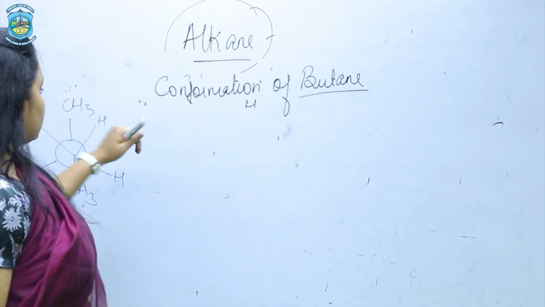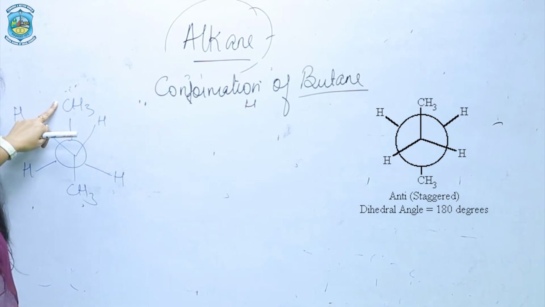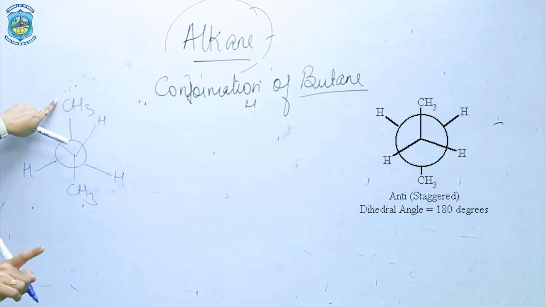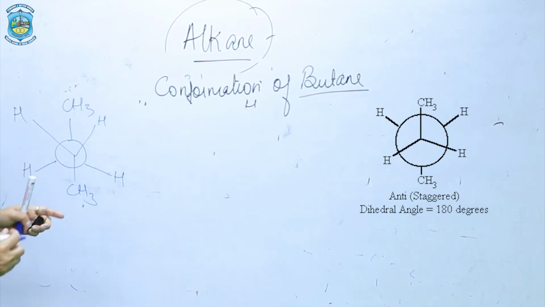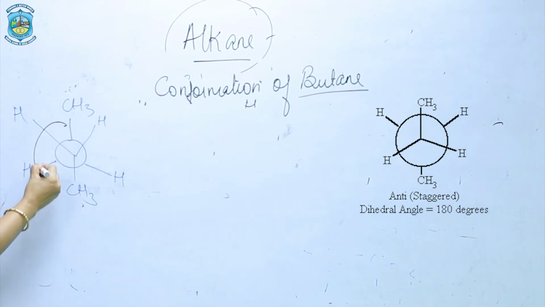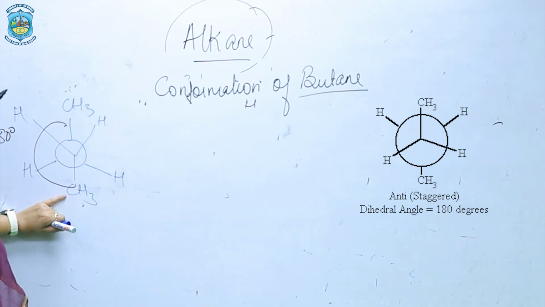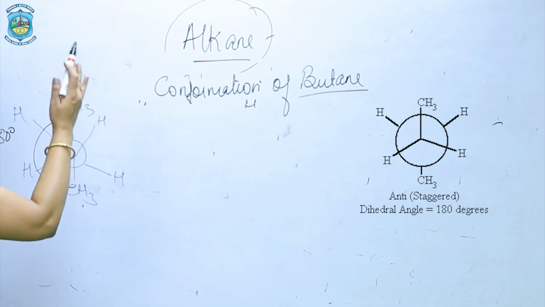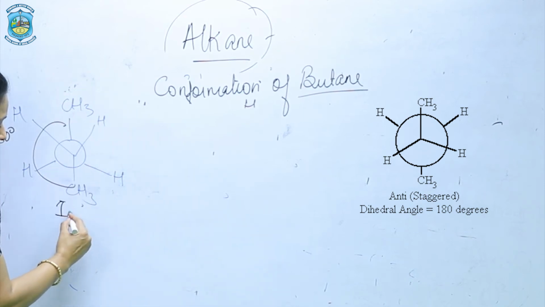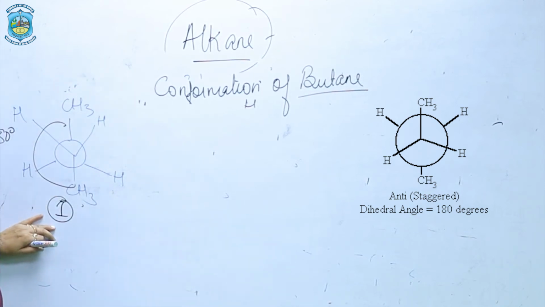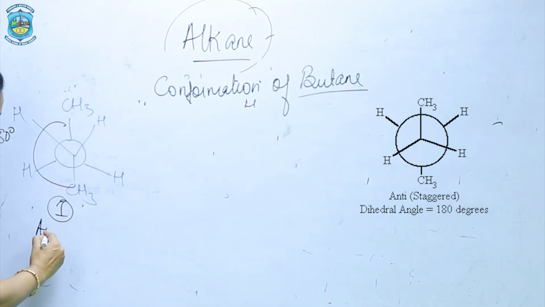So, this structure of butane has CH3 and CH3 at a maximum angle, or I can say they are 180 degrees apart. That means minimum strain and maximum stability. So, this number 1 is the most stable conformation of butane and it is called anti.